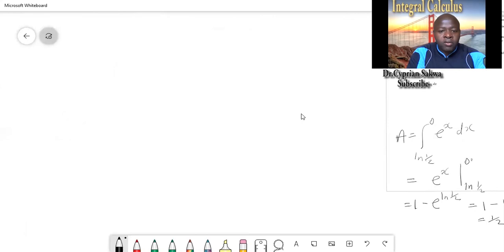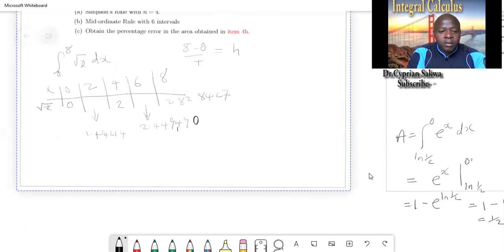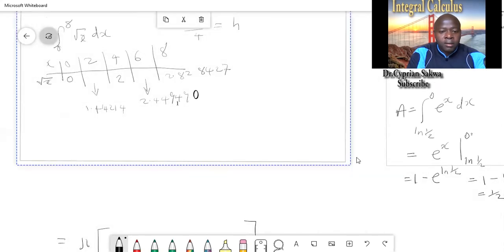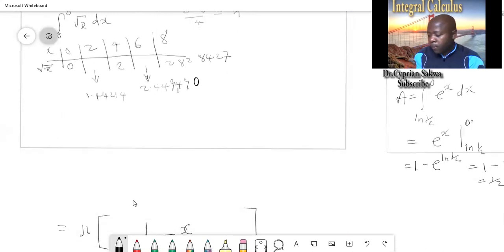Then we go straight to our formula. The formula for getting area using Simpson's rule would be a third into width.